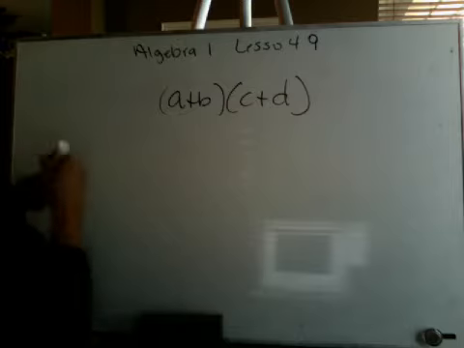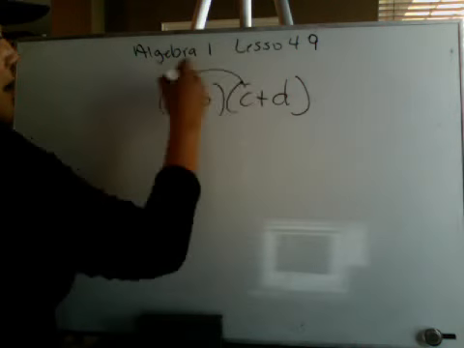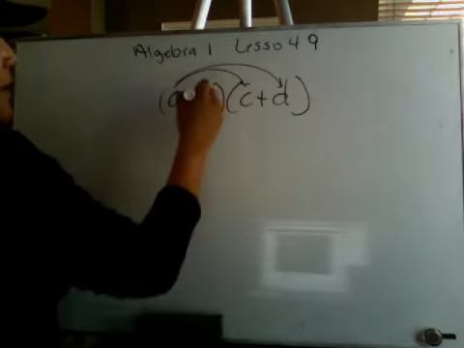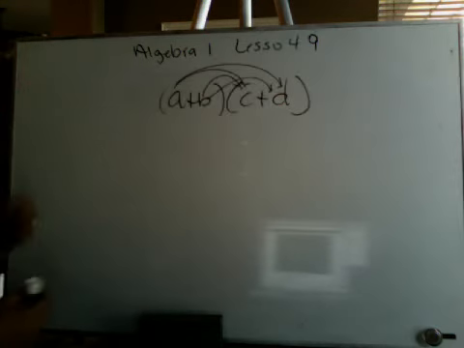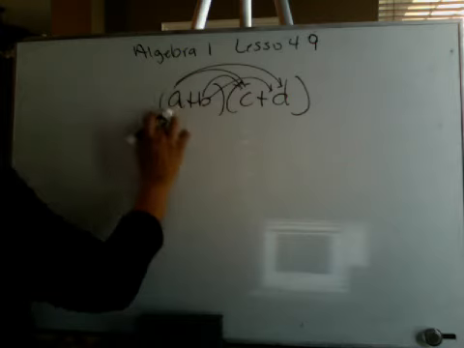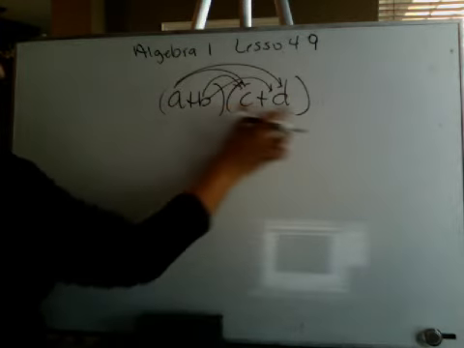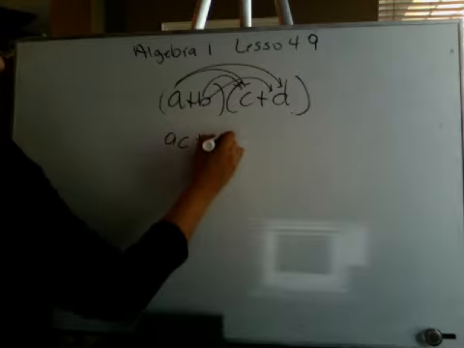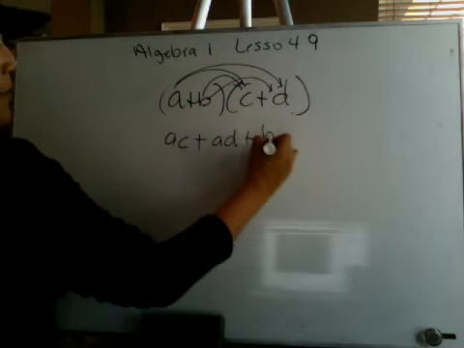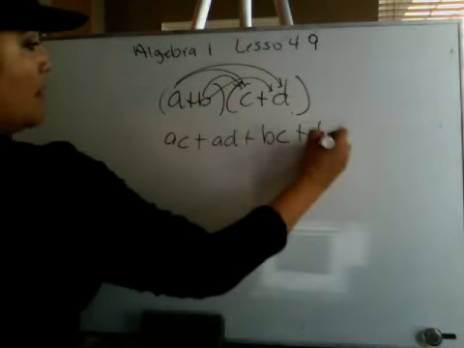So you have to have A times C plus A times D plus B times C plus B times D. Every term here by that, and every term here by every term in there. So we get AC plus AD plus BC plus BD.